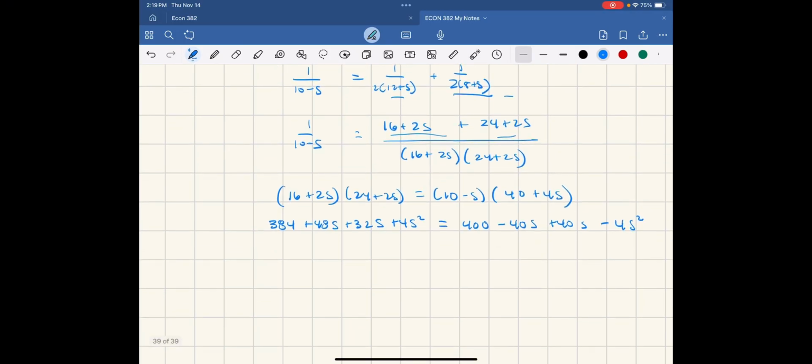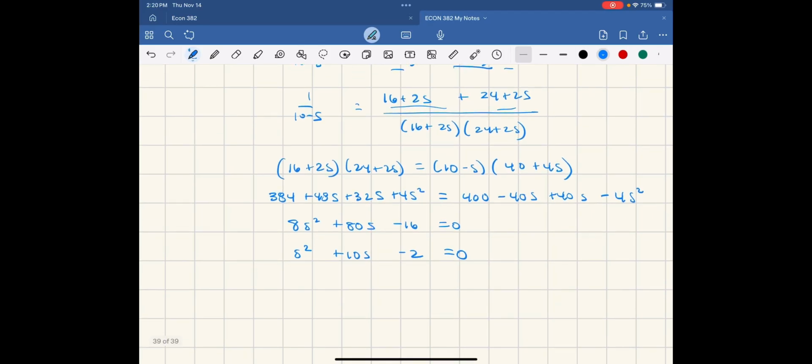Now we're going to collect like terms, and as we bring these all over, we'll end up getting 8S squared plus 80S minus 16 equals 0. We're going to factor out an 8: S squared plus 10S minus 2 equals 0.